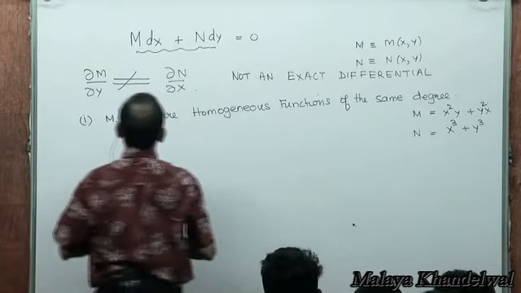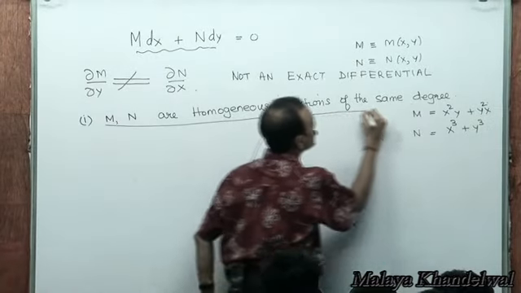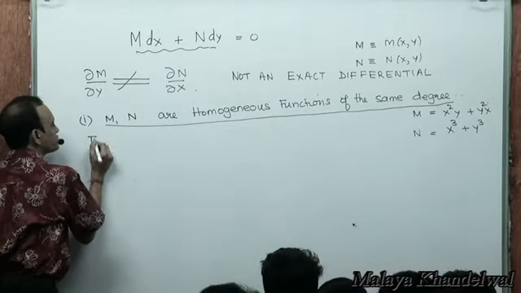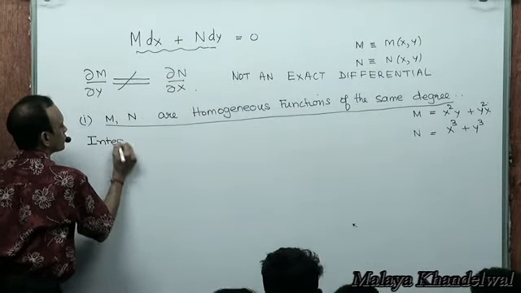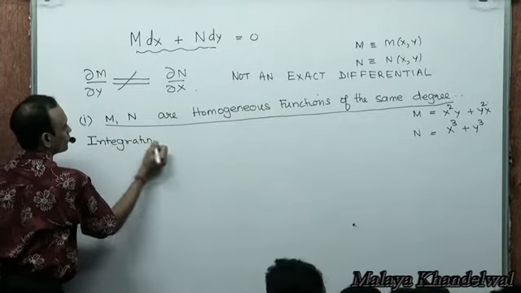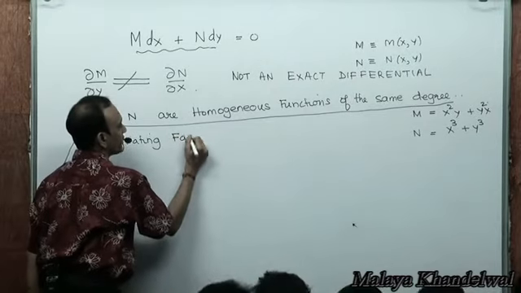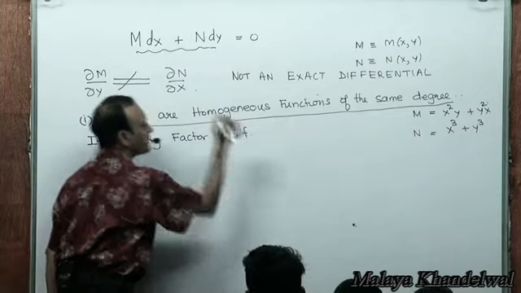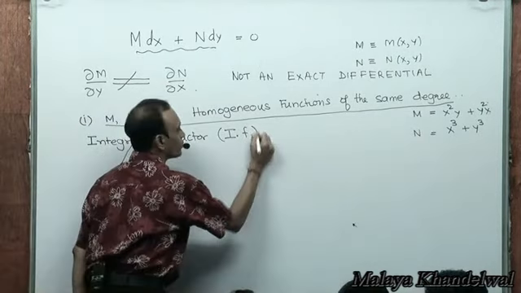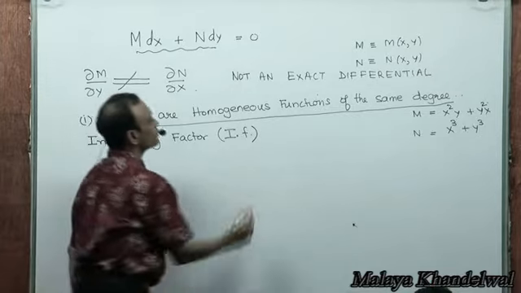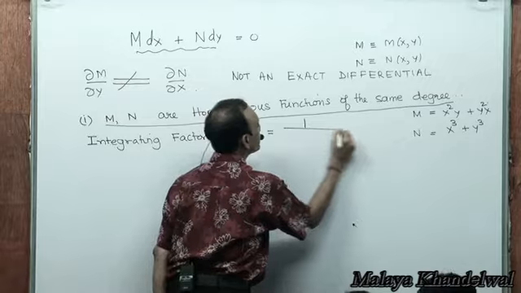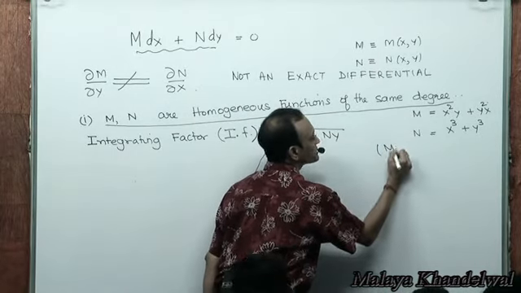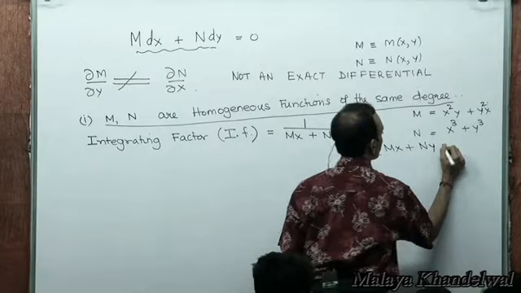Now, if M and N are homogeneous functions of the same degree, then the integrating factor for such a differential equation is going to be 1 by Mx plus Ny, where Mx plus Ny is not 0.